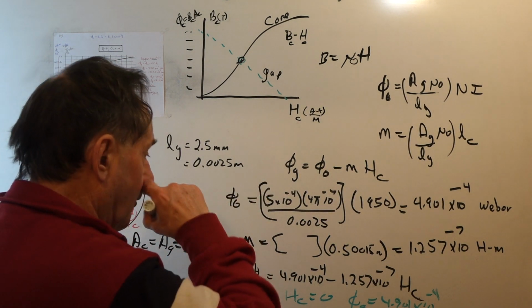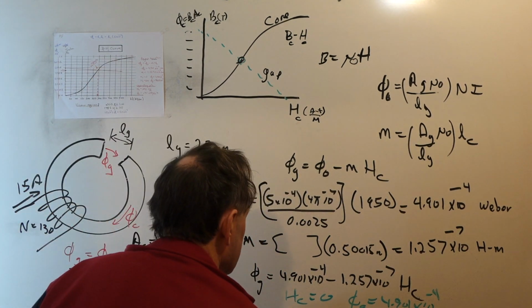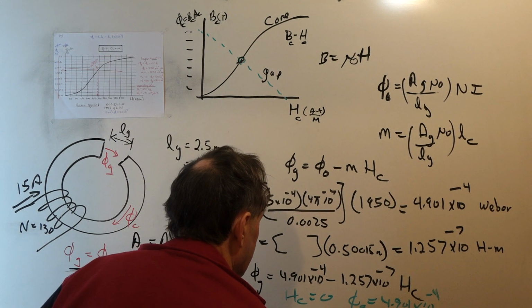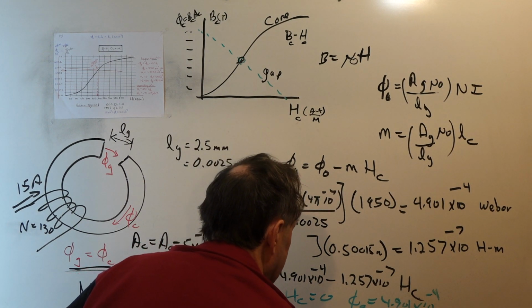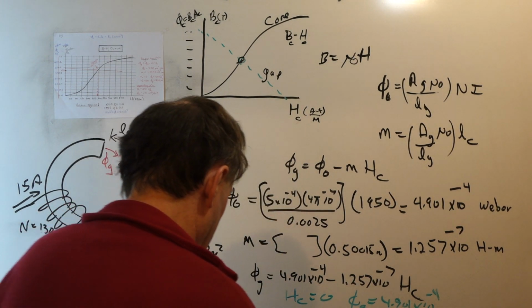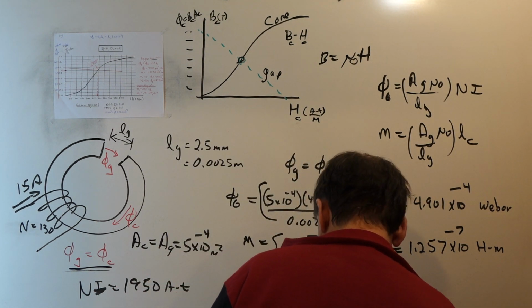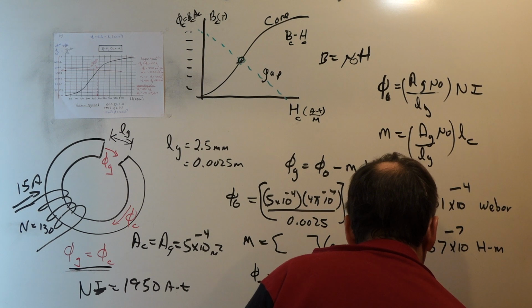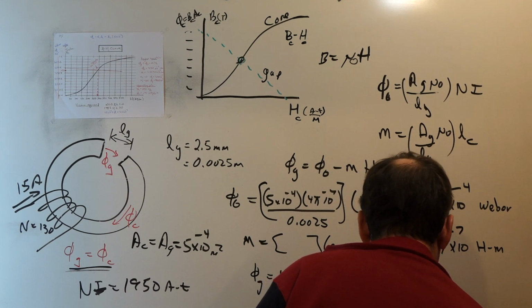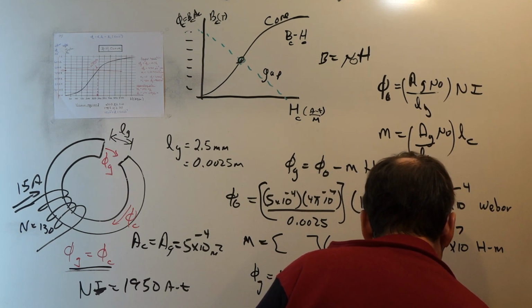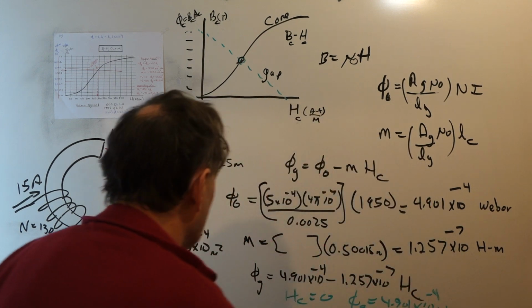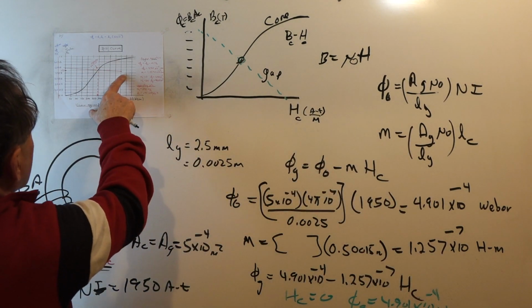And when HC is 500, our flux in the gap is 4.275 times 10 to the minus 4th Webers. So at 500, I plot a point.